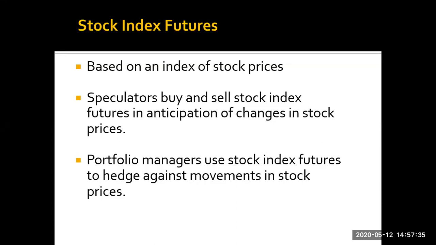After the market closes or before the market opens, you can buy and sell stock index futures. So if you think the market is going to open way up, you might want to buy futures in the Dow.